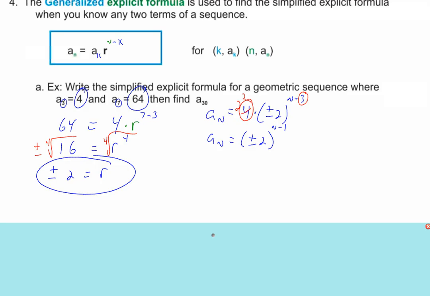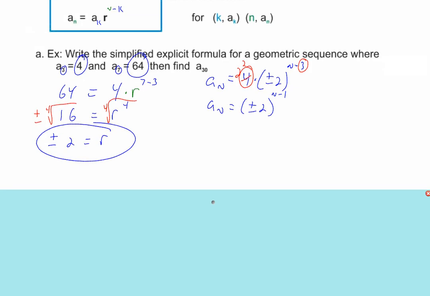Okay, so go ahead and find the value now, because now it's just simply substitution. A sub 30. The only thing you have is n to put a value into. In this case, n is 30. So what is the value of the 30th term?